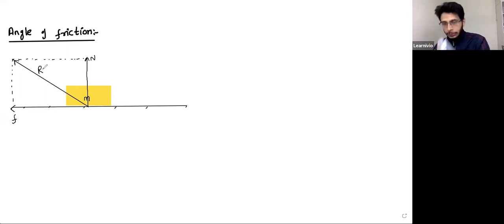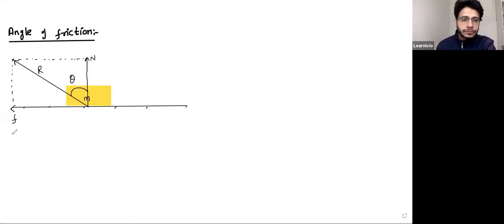The angle this resultant makes with the normal reaction is represented by theta, and this is what we call angle of friction.